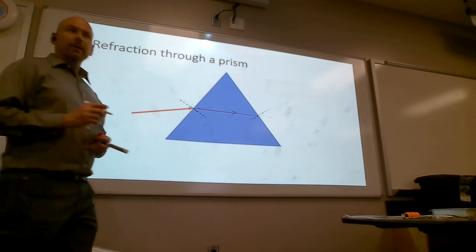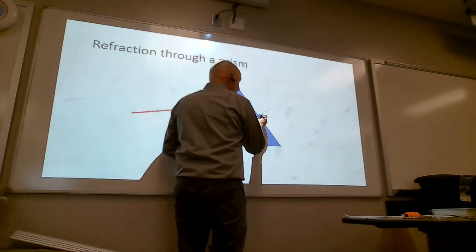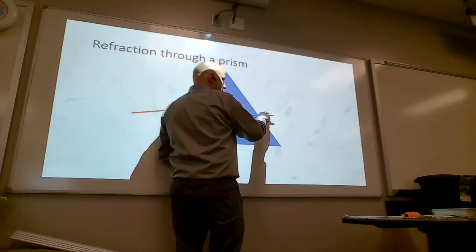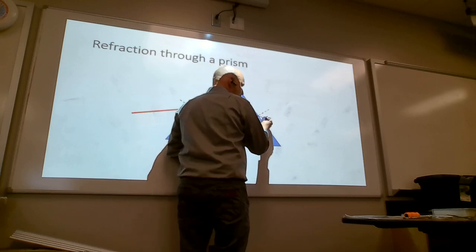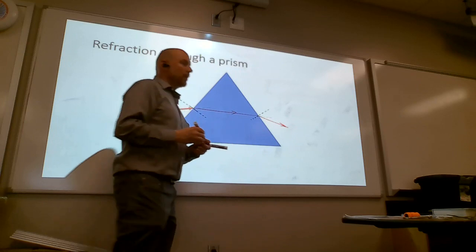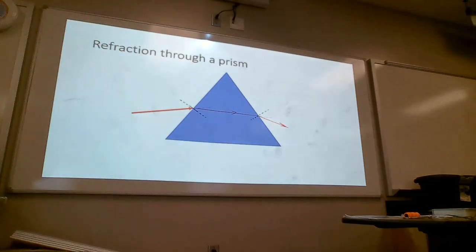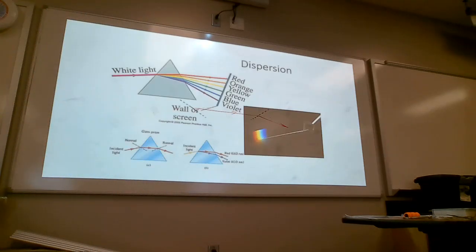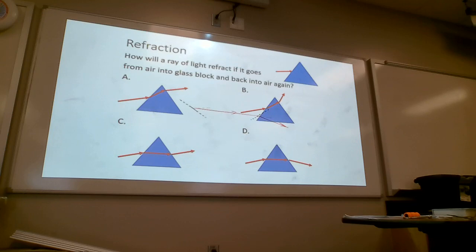Away from the normal line. Here's the normal, or like no refraction, we're going to bend away from this normal line. Correct answer was D, dangerous dinosaurs. Good with that?